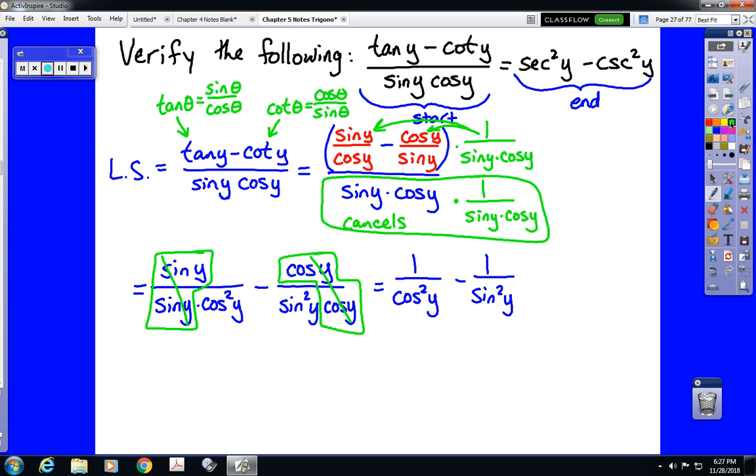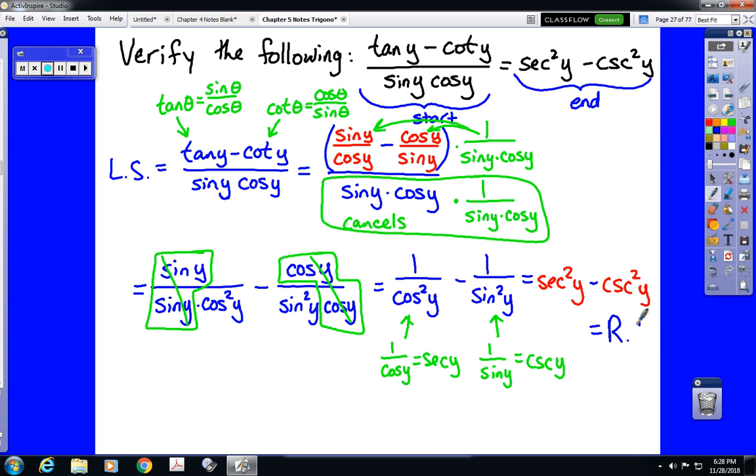Well, 1 over cosine is secant, and 1 over sine, you guessed it, actually maybe you didn't, I don't know, is cosecant. So we're going to replace that first term with secant squared y, and the second term with cosecant squared y. That is equivalent to the right side of the expression, and that ends the verification.